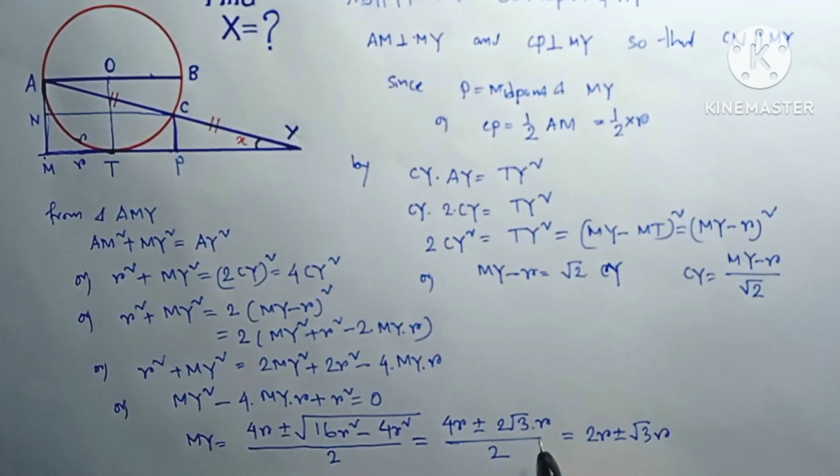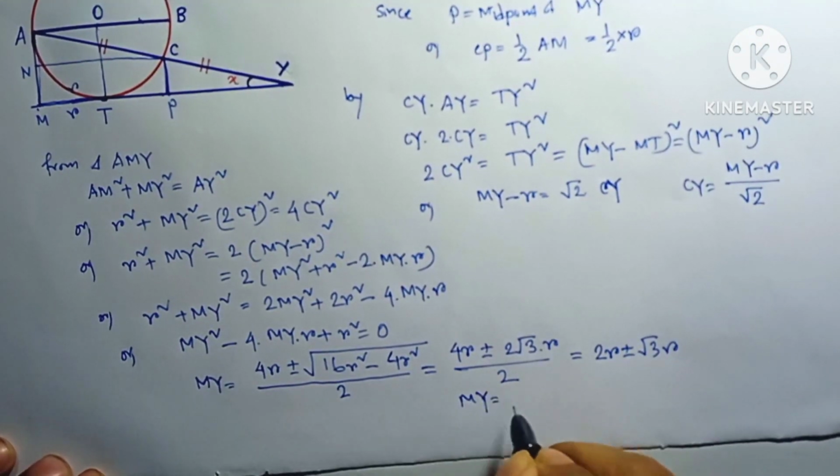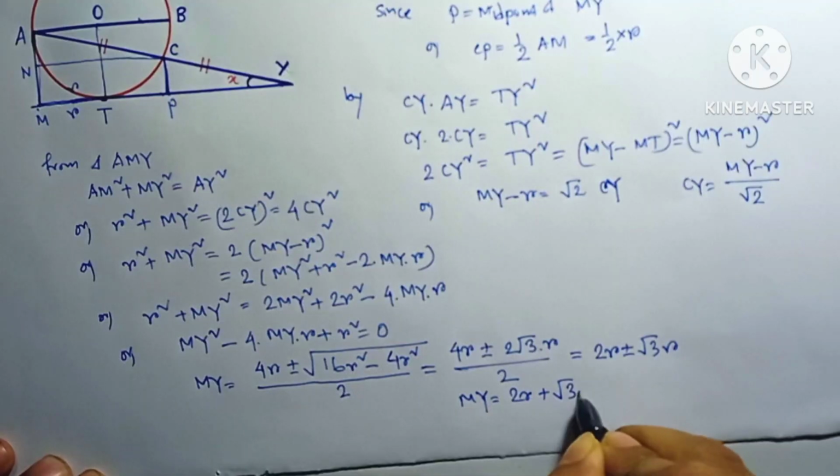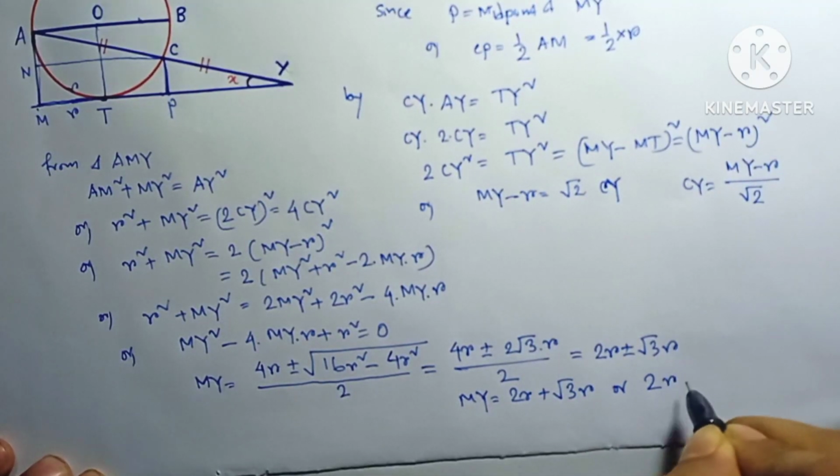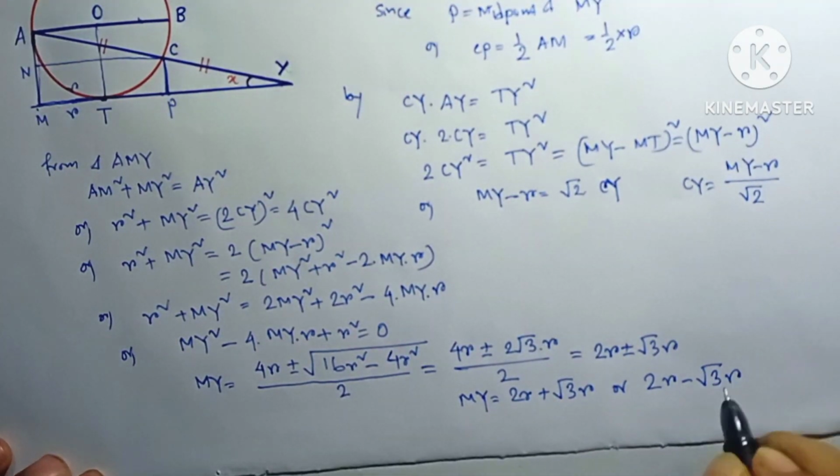So there are two possibilities for MY: 2R plus root 3 times R, or 2R minus root 3 times R.